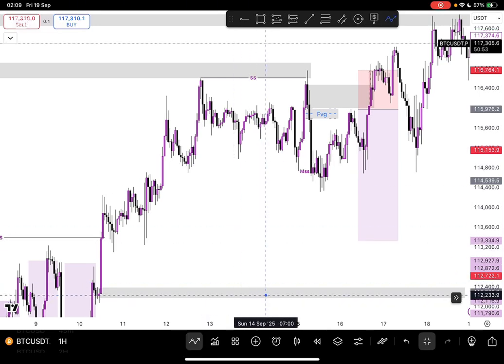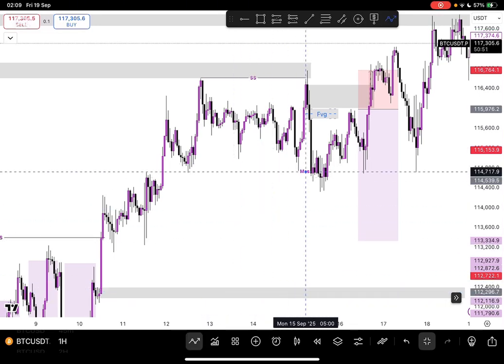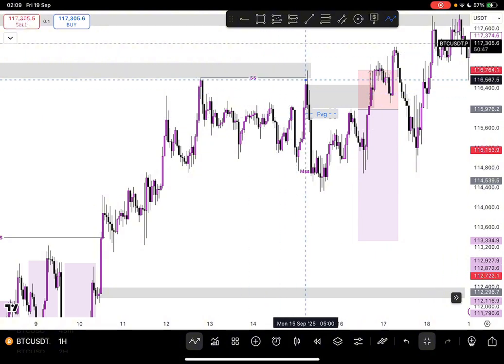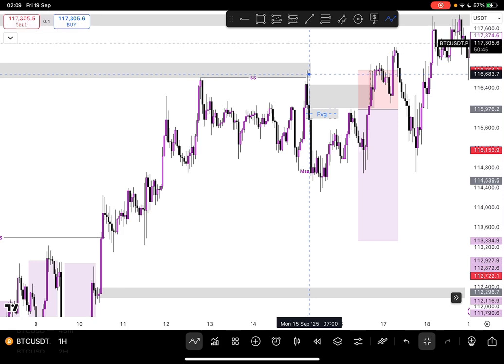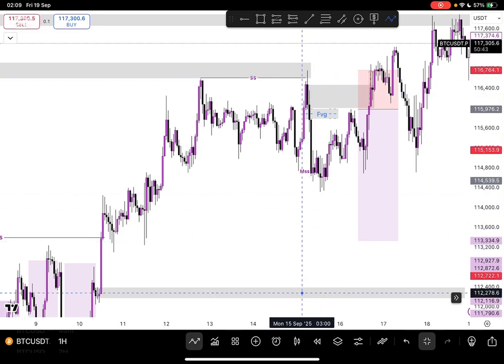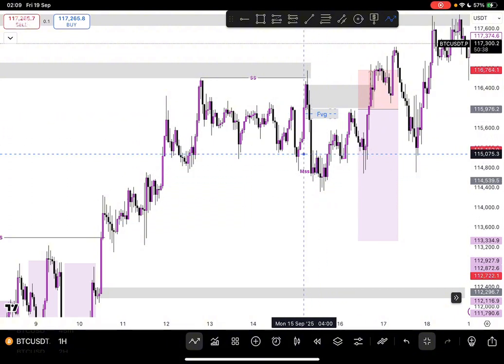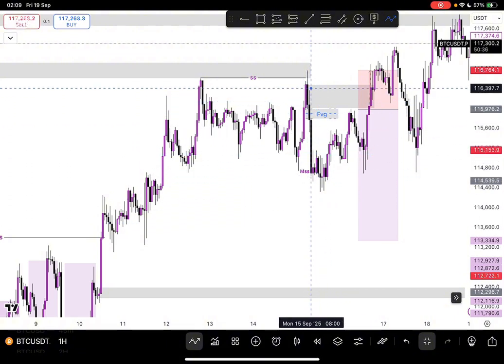I was expecting price to come down here to tap in before pushing up. I was anticipating that it would push price down probably to this point here, before I'd take my buy, though I know very well that the market is bullish.